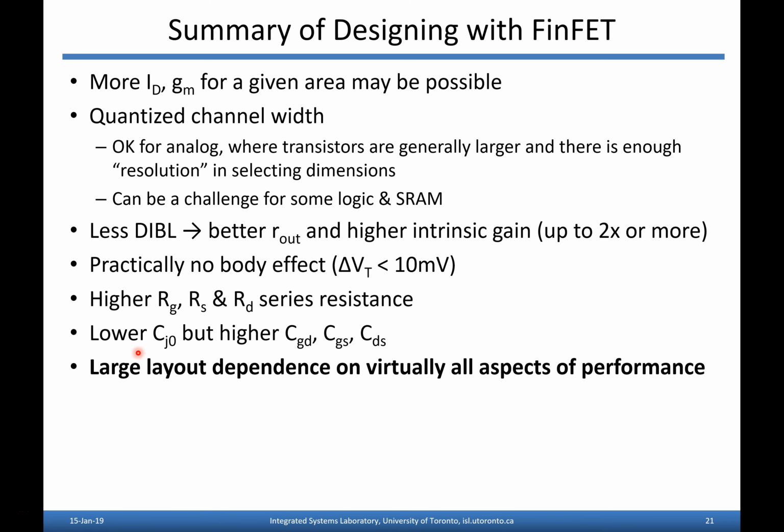Although you might have lower junction capacitances for the drain and source junctions, thanks to the geometry, it's the metal capacitances that are higher. So CGD, CGS, CDS are all much higher. And the particularly problematic thing is that these aspects of performance that make the transistor worse are very layout dependent, so you don't know them at the outset. And they're dominant.